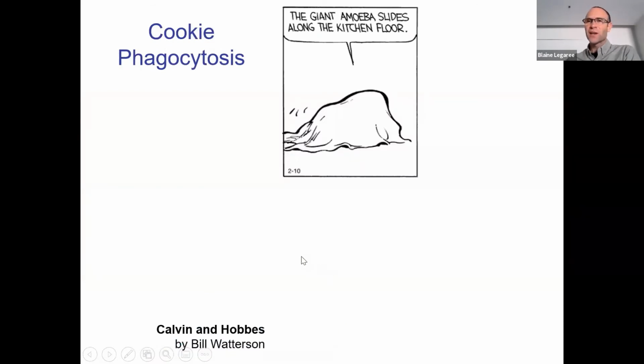So I wanted to share this with you. Calvin and Hobbes. If you're looking for some great study breaks, Calvin and Hobbes is a great cartoon to read. I own the complete collection. They're always fun to read in the living room during breaks. And I saw this one here. If you don't know what Calvin and Hobbes is, it's about a little boy who's kind of mischievous. There he is, crawling along with a sheet on his back, and he says, "The giant amoeba slides along the kitchen floor.